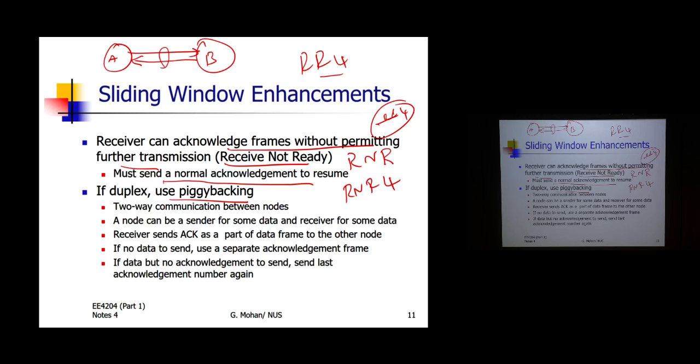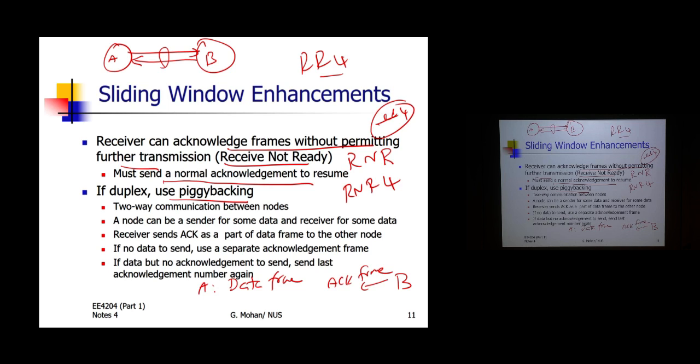So what can be done is this. When A sends a data frame, B sends an ACK frame.